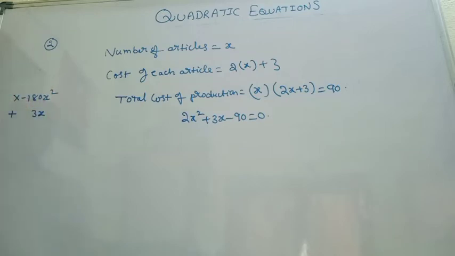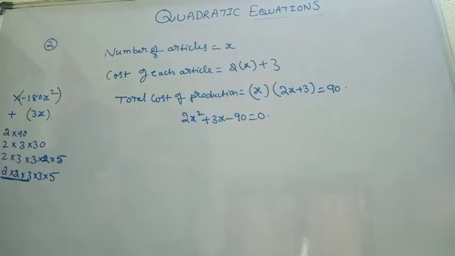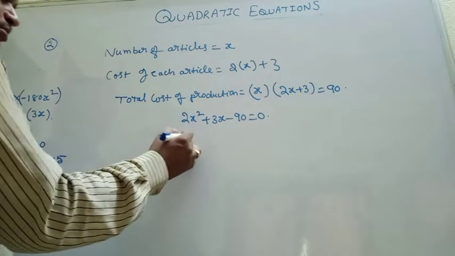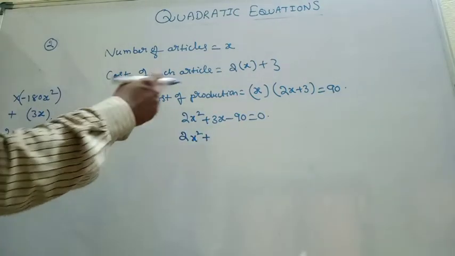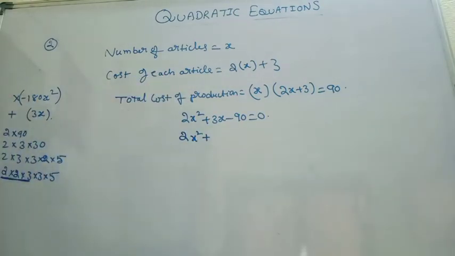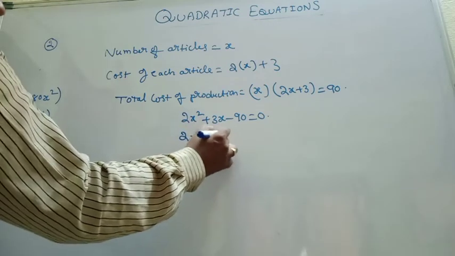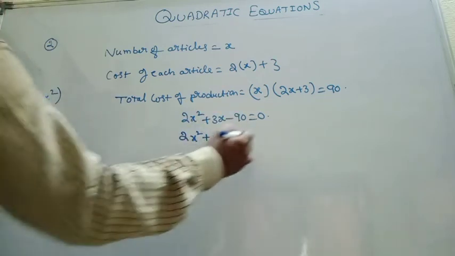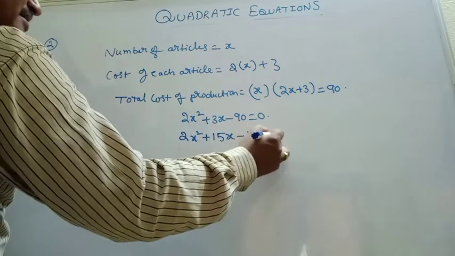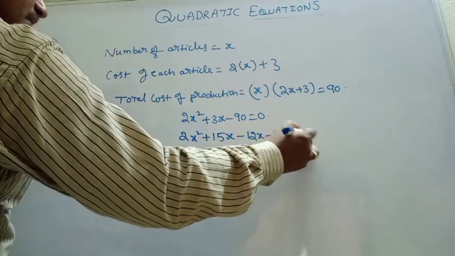The suitable ones we are going to get are 15x and minus 12x. So 2x square plus 15x minus 12x minus 90 is equal to 0.